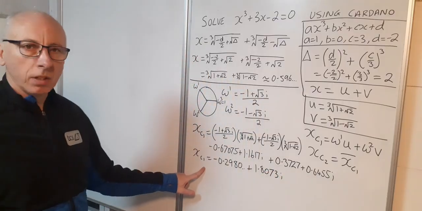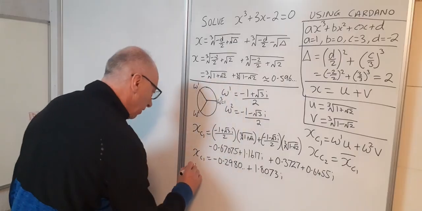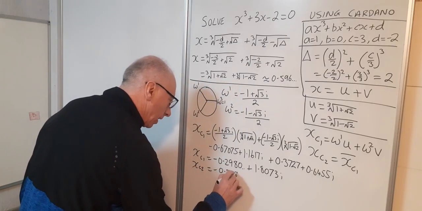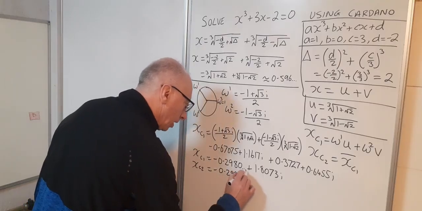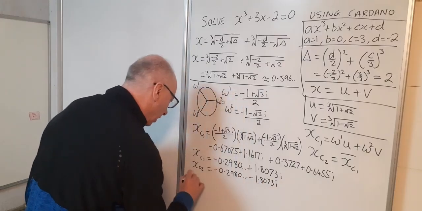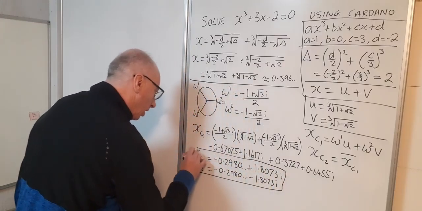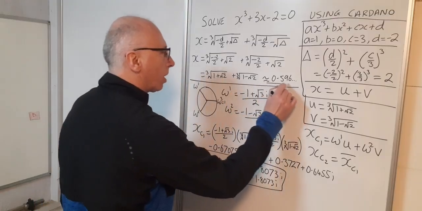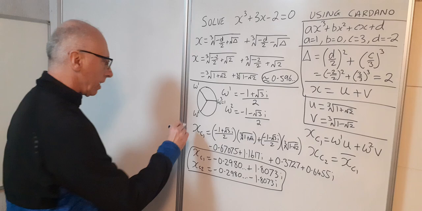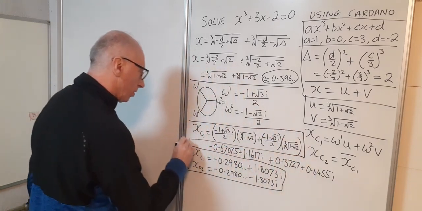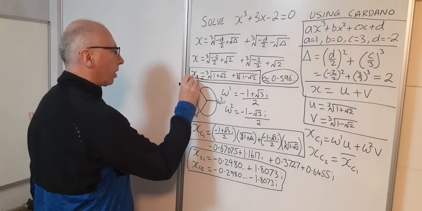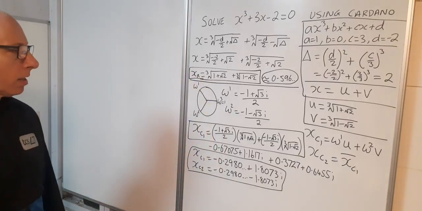And then for my other solution, I'm going to have xc2, that's going to be minus 0.2980 approximately, minus 1.8073i. And that will give us our three solutions. So there's the estimated values. Then we can see here, this is our exact values. So those ones there, and then this is my exact value for the real version. I call that xr, just so you can see what it is.